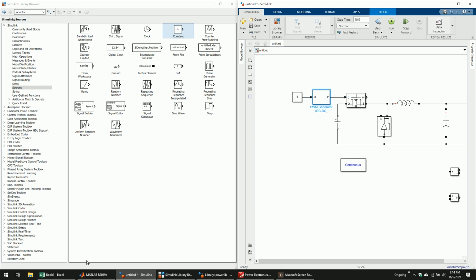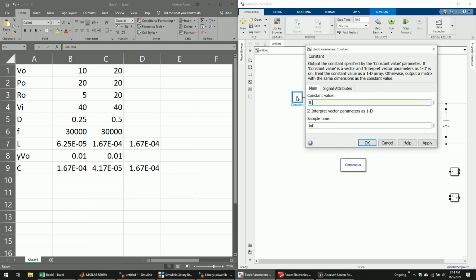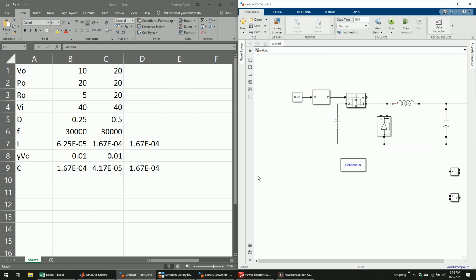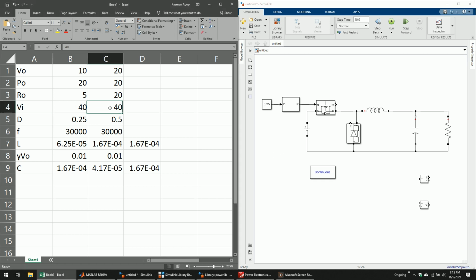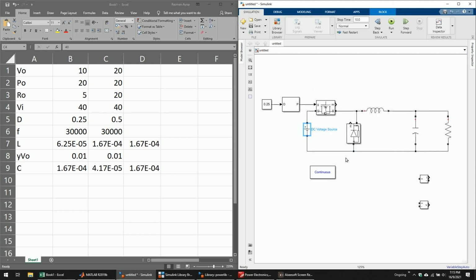For the first case, we use this one. We take this value. The duty cycle, where is it? 0.25. So next, you have to set this. Of course, the input voltage is 40.